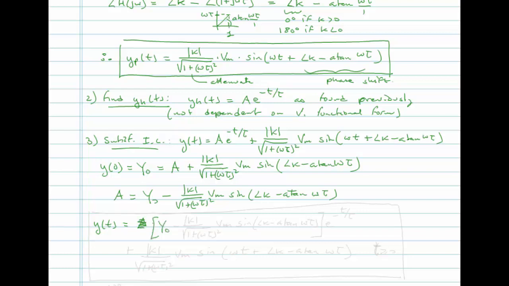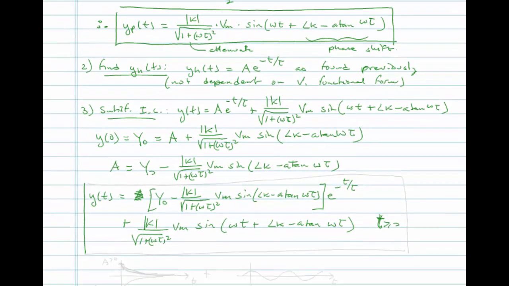It's going to be equal to y sub naught minus this whole big expression, times e to the minus t over tau, plus our steady state response, which is this sine omega t that's phase shifted. Okay, and this is going to be valid for t greater than or equal to 0.